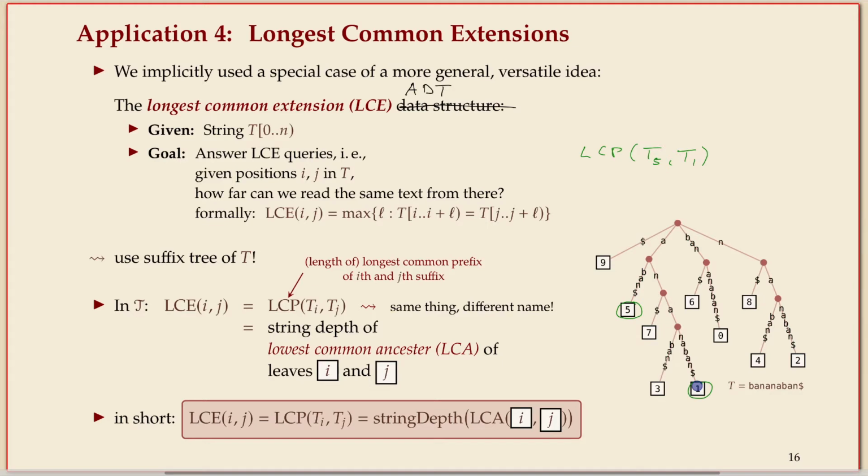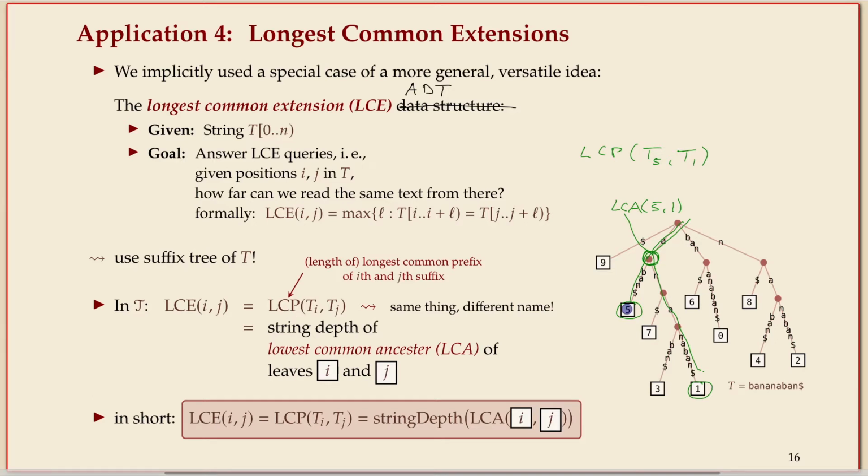Lowest common ancestor just means you walk up the tree to the root from both, and these paths at some point join for the first time. So that's this node in this case. That's the LCA of leaf 5 and 1. And what the rest of the statement says is, if you look at the string depth, the length of the path from the root to this lowest common ancestor, that's the same as the longest common prefix.